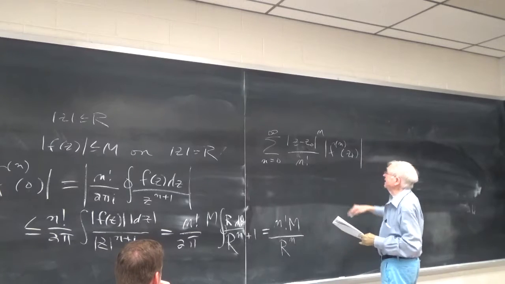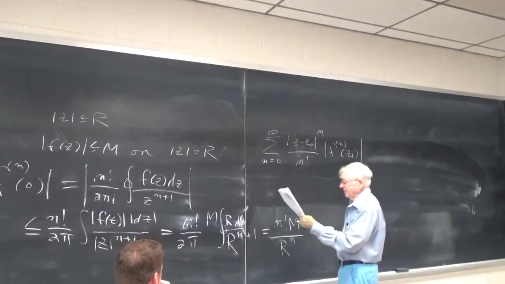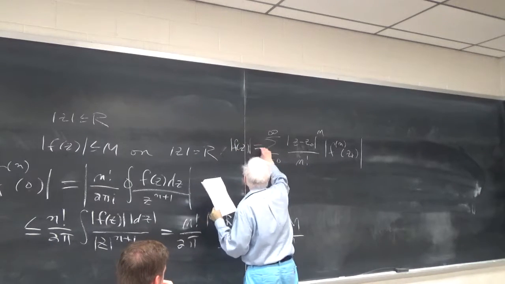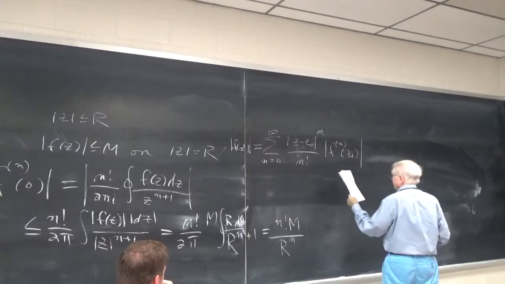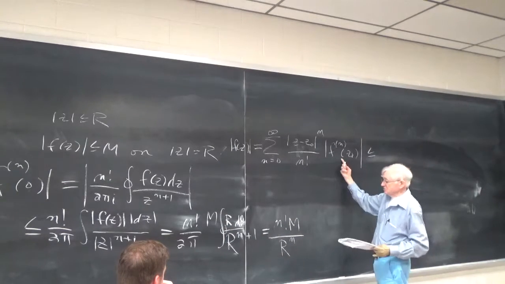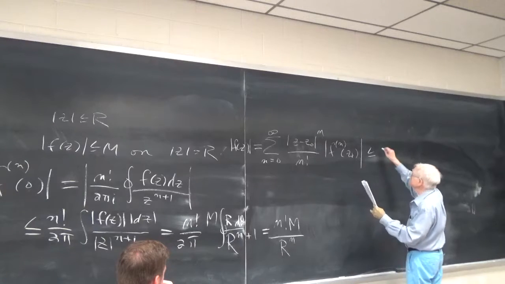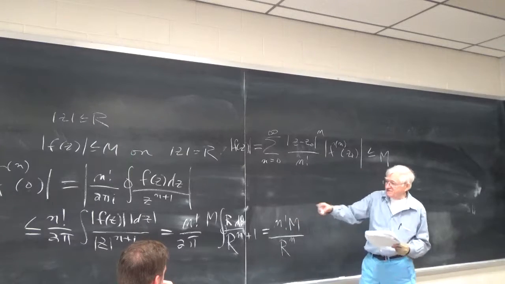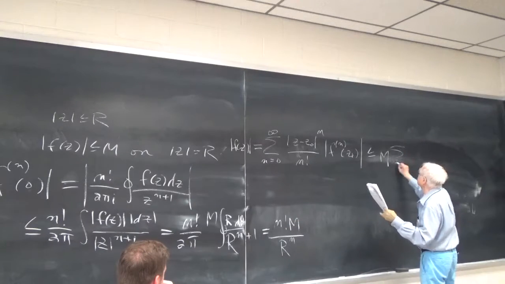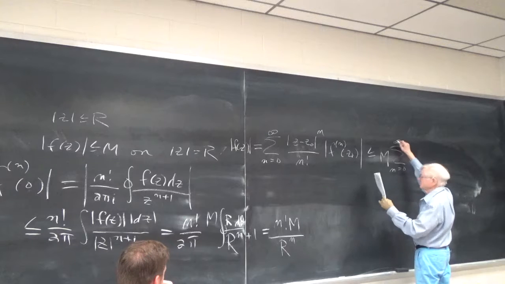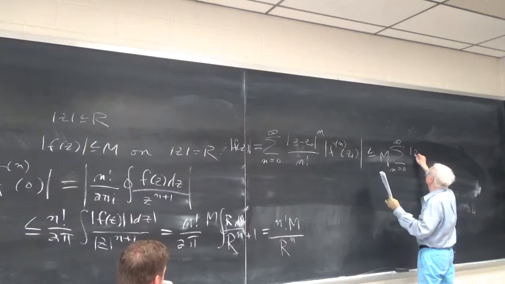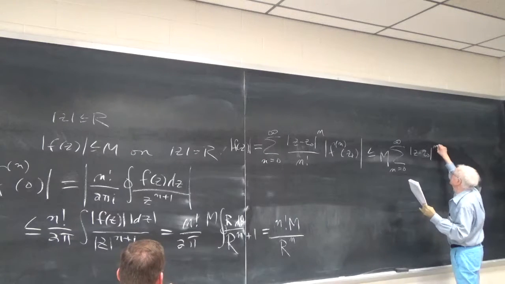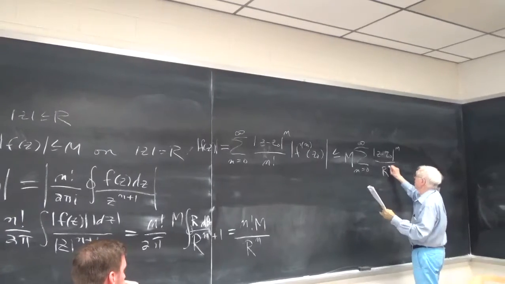So this is the function f of z, the absolute value of the function. So this is the absolute value of f of z equals that. And that then is less than or equal to M, since we know what these are. The n factorial cancels in the Taylor series, and so we have the sum n equals 0 to infinity of z minus z0 to the n over r to the n.